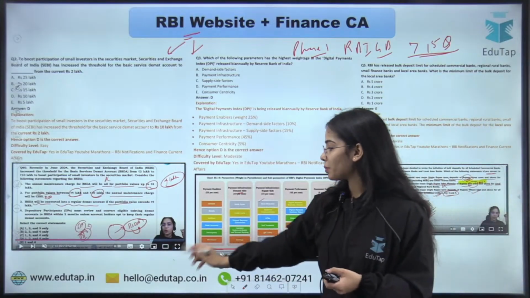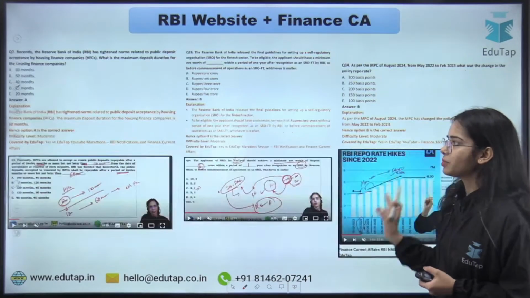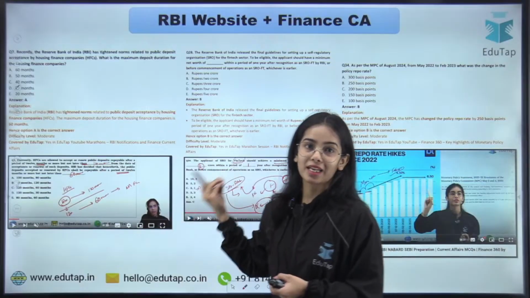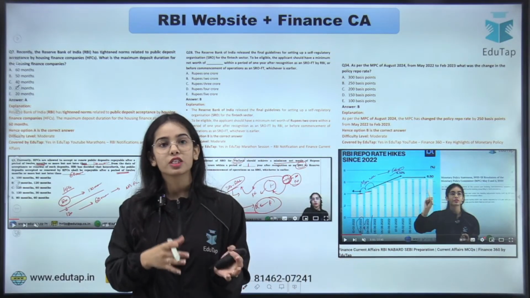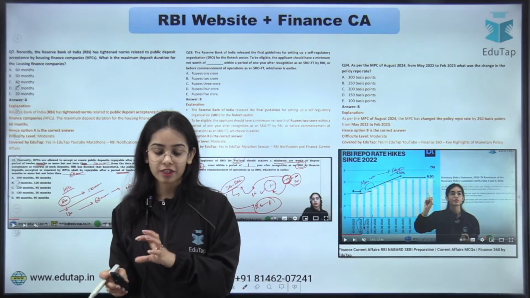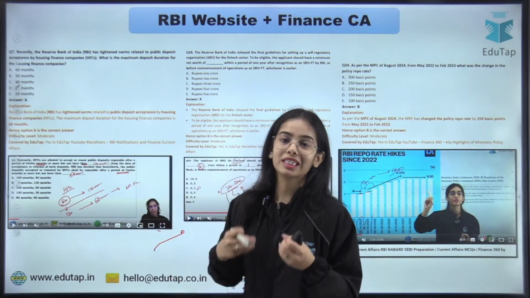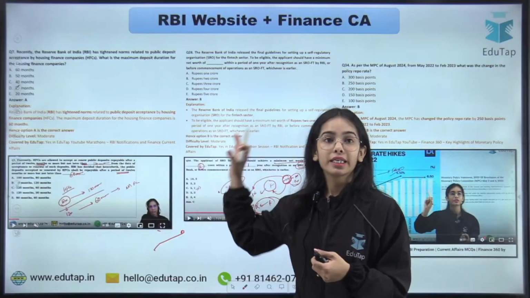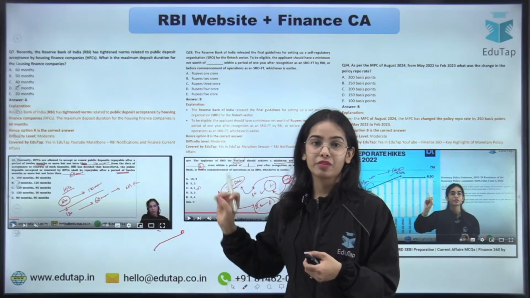So this component, the RBI website and the finance current affairs, is very, very important, and you cannot miss out. Now, how to cover the RBI website, that we will see, okay?